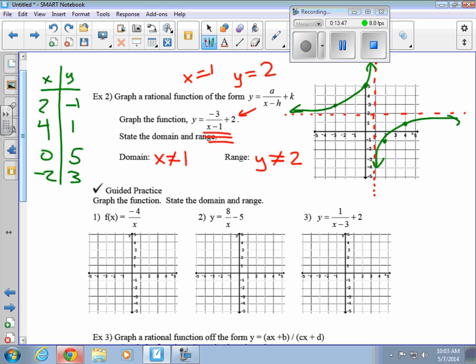You might have to, it might be the way you plug that into your calculator. Make sure you put parentheses around all of the stuff, because it might be doing the order of operations incorrectly on your calculator. That might be what is happening there. Yeah, and you're also probably going to need the x minus 1 in parentheses too. Otherwise it's probably taking negative 3 divided by x, and then doing your minus 1 after that, right?